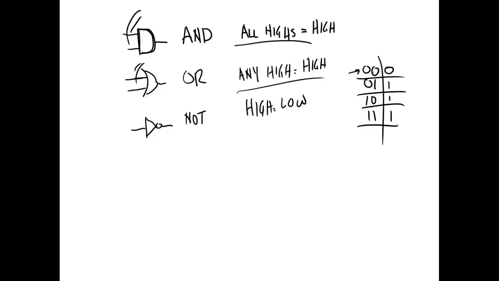This is the only gate that's got one input. Two combinations in a truth table. So this would give me this. High in gives me a low out. So what would a low in give me? High out. There's the truth table. Are we okay? Everybody okay?